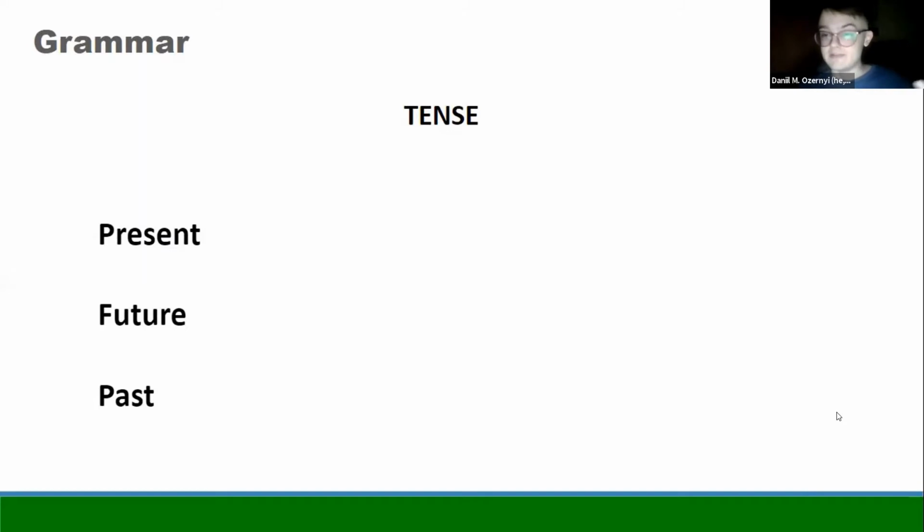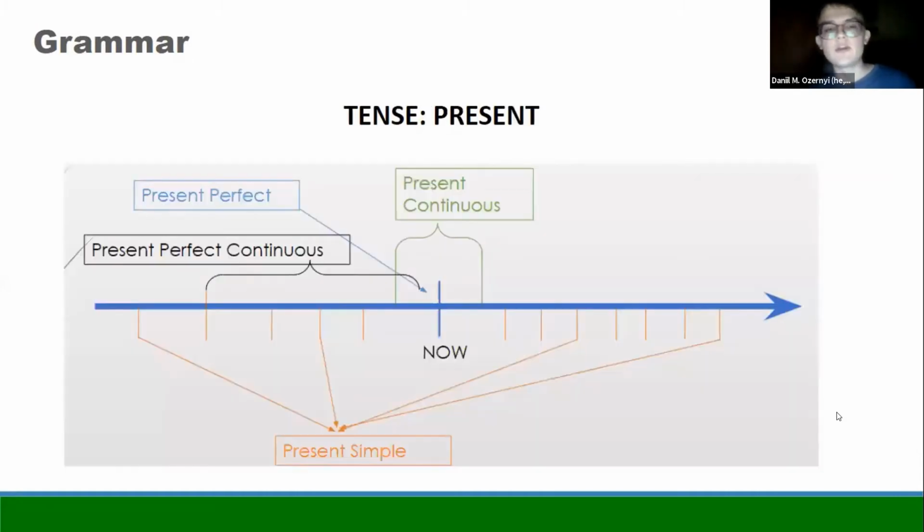Those three do have subdivisions, different sort of kinds of themselves, and we're gonna go very briefly through each of those. So we're gonna consider present, and English has such rich analytical system, rich system of auxiliaries and modals, that for example, for present you have present simple, present continuous, present perfect continuous, and present perfect.